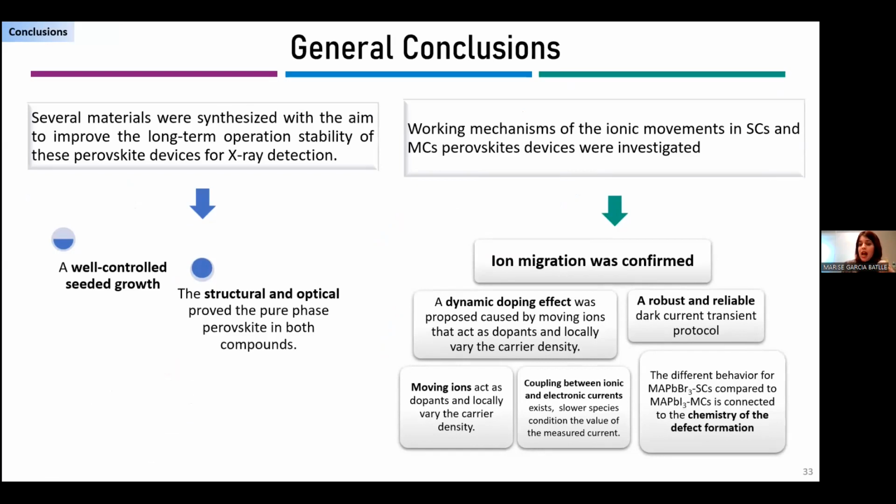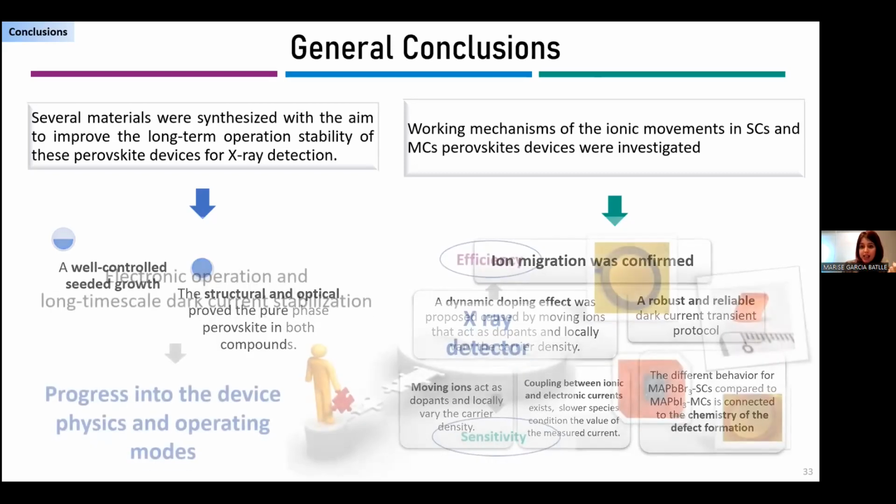Just to conclude, ion migration was confirmed. I want to highlight that we proposed the dynamic doping effect by measuring ionic diffusion. We obtained this reliable protocol, and we have proof that this coupling between the electronic and ionic current is connected to the slower species and how these species may condition the kinetics of the electronic response of our device.